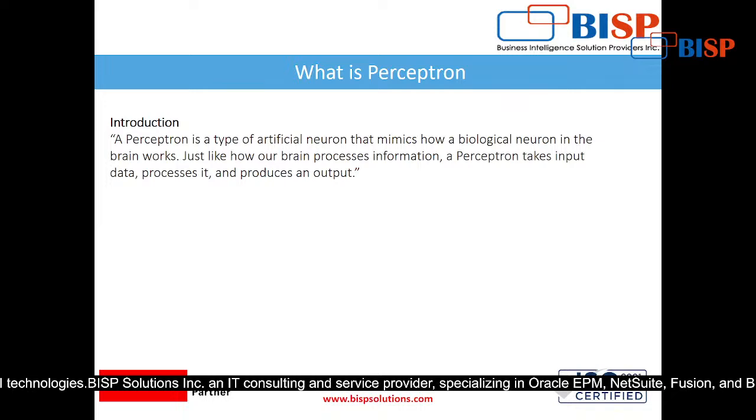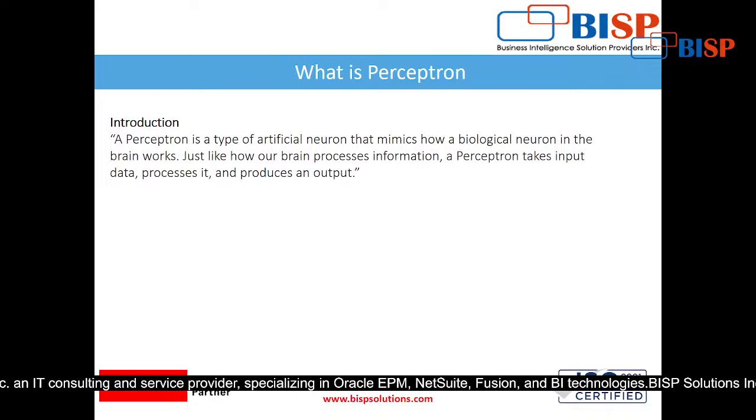Now let me give you a brief introduction. A perceptron is a type of artificial neuron that mimics how a biological neuron in the brain works. Just like how our brain processes information, a perceptron takes input data, processes it and produces an output. That's it. For example, if a person sees that a particular city or a particular college produces the maximum number of good IIT students, IITians, then based on that data the person will select the college for his own child.